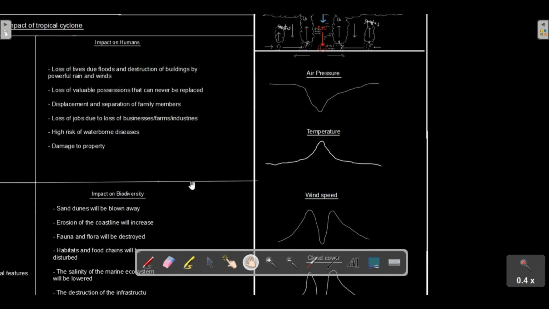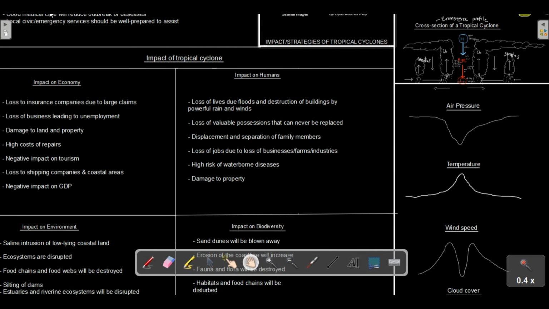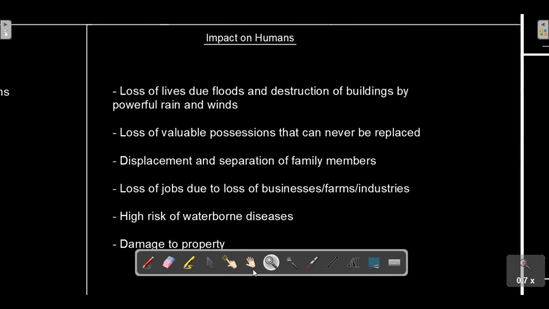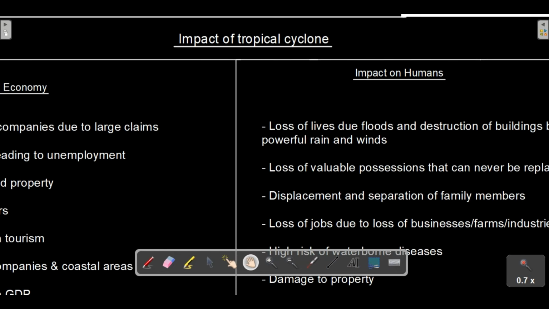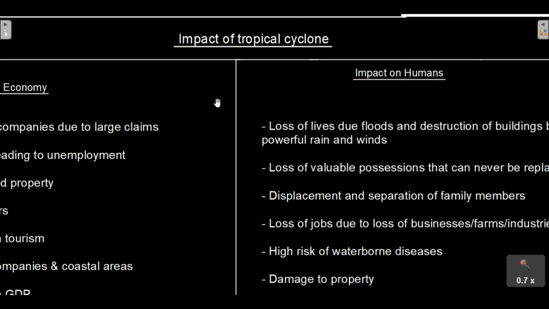Right, so let's move on to the impact that tropical cyclones have. There are mostly negative impacts that tropical cyclones have. There are some positives, but they are very limited. So it's really important that you also note what the impact they want you to discuss is on.